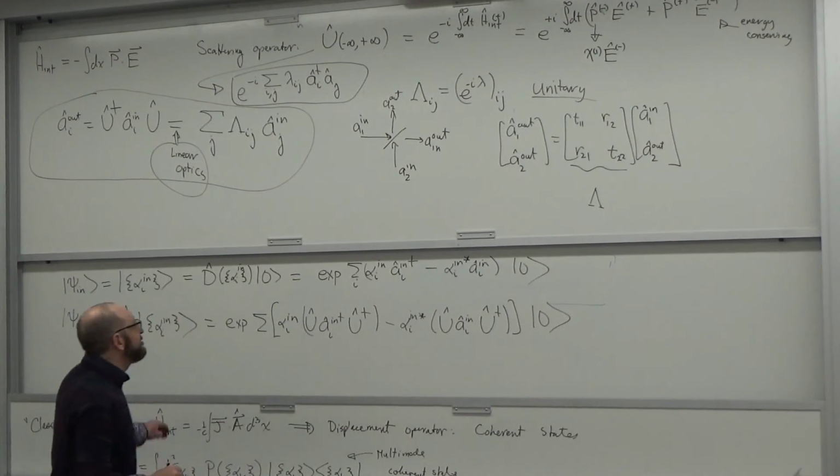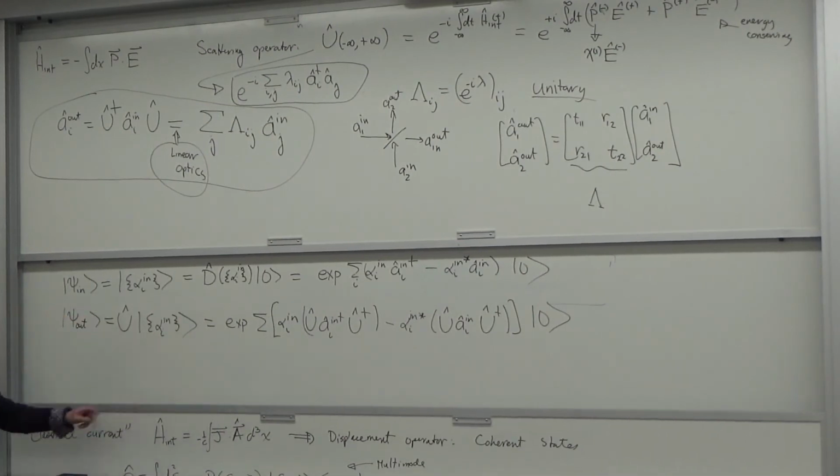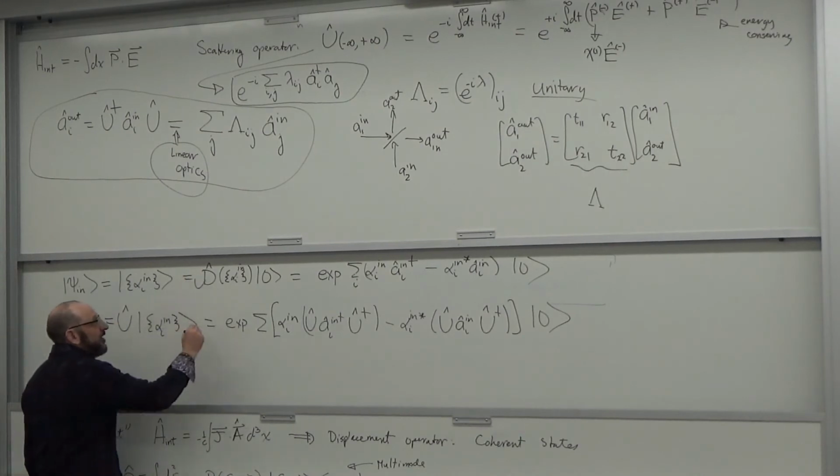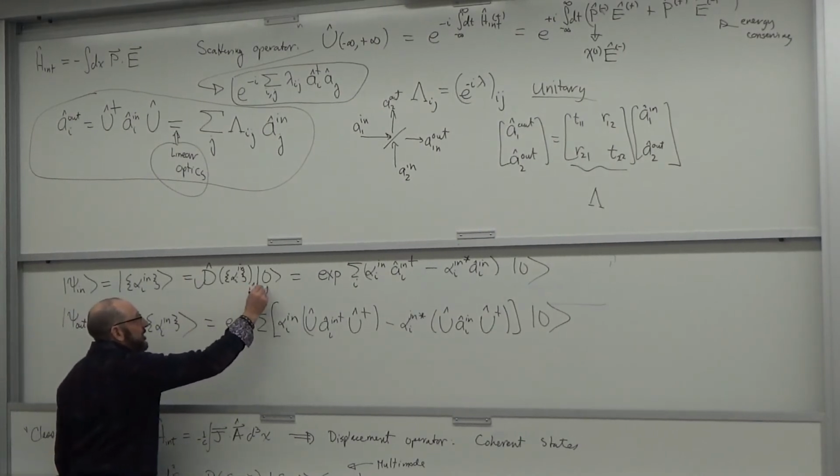We good with that? What did I do? Well, I played some tricks. What I did is I put a U here, but then I put a U dagger U here.